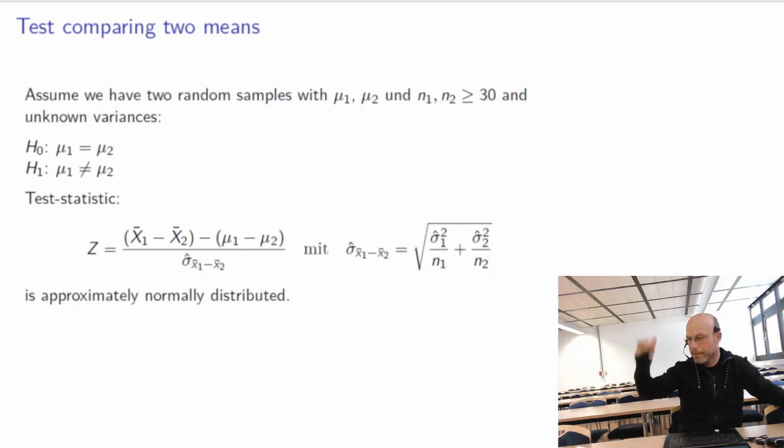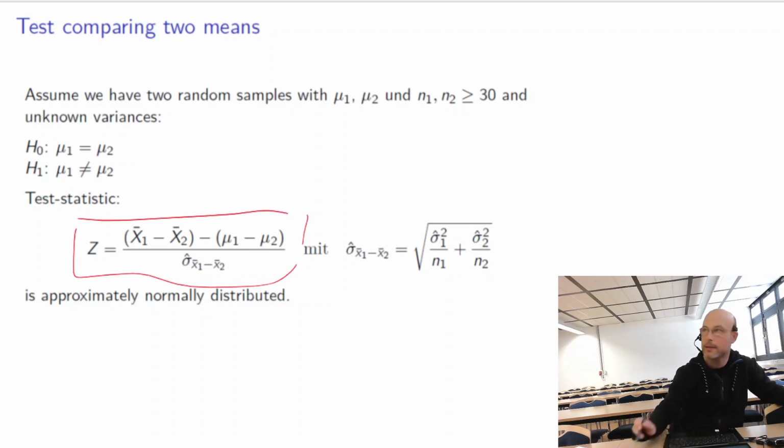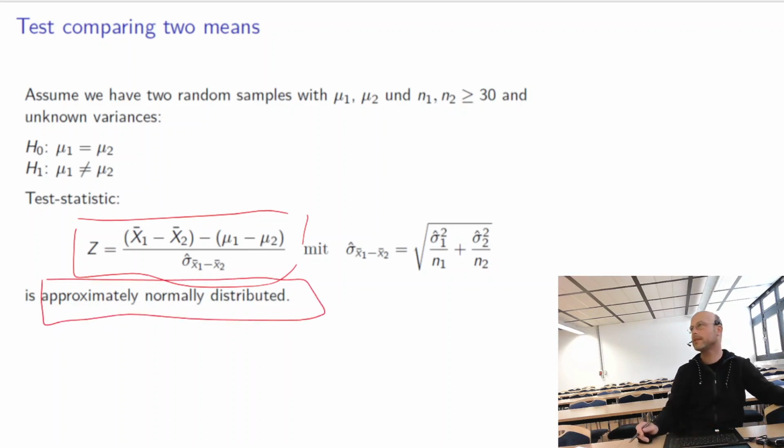And then the procedure is actually the same as before, only what we have to change is how I calculate my test statistic, and I have to make an assumption about the distribution of this test statistic.